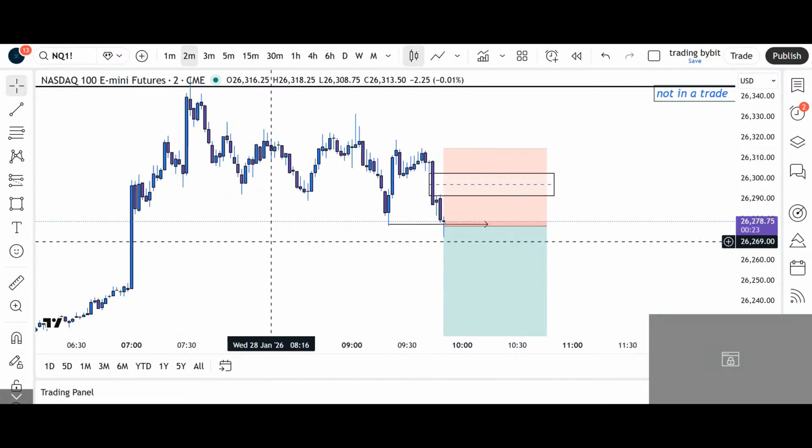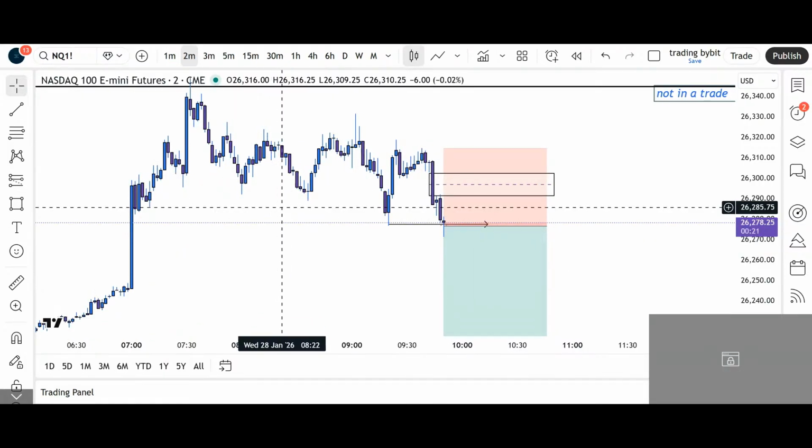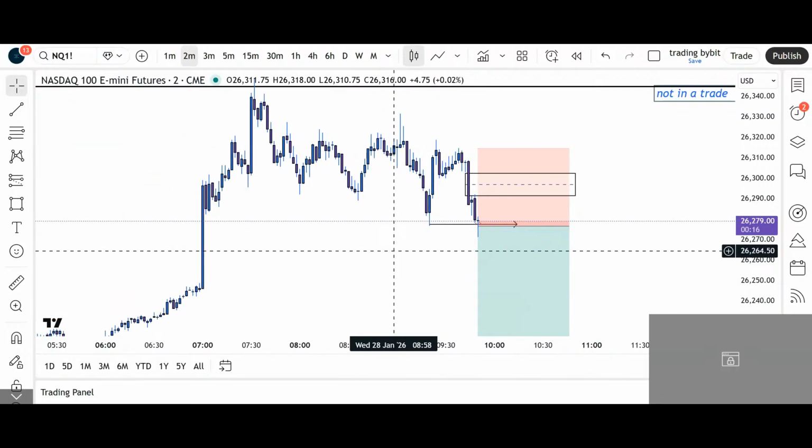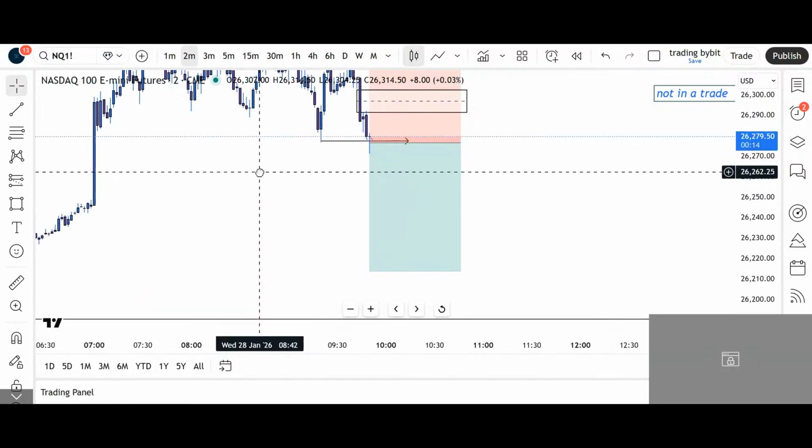You can see it doesn't have that much strength to the downside. Constantly, once we breach a low, it gets bought back up. So I don't want to short actually.